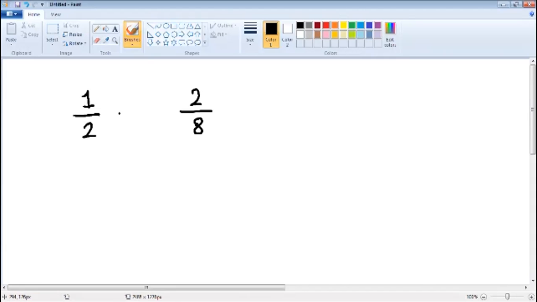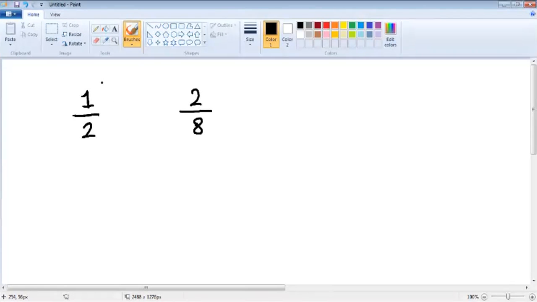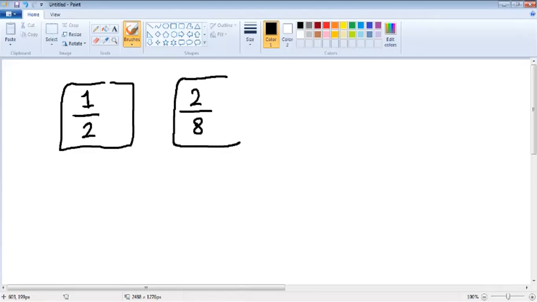What is the denominator of 1/2? The denominator of 1/2? 2. And what is the denominator of 2/8? What is the denominator of this fraction, 2/8? Yeah, 8. Its denominator is 8.